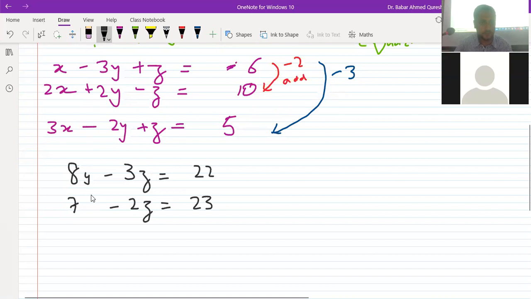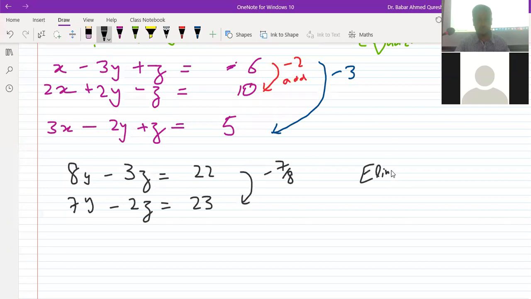So you've got two equations involving y and z. Now, you can multiply the first equation by minus 7 over 8 and add it to the second, and this way you will be eliminating y.